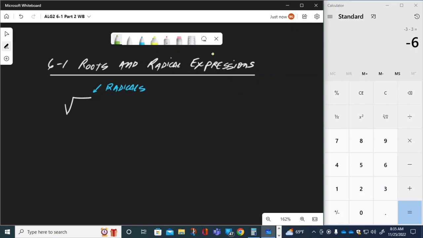But we're going to call this the jail. And there is a number in here. We call that number the index. But for the effects of comprehension, we're going to call this the lock of the jail.